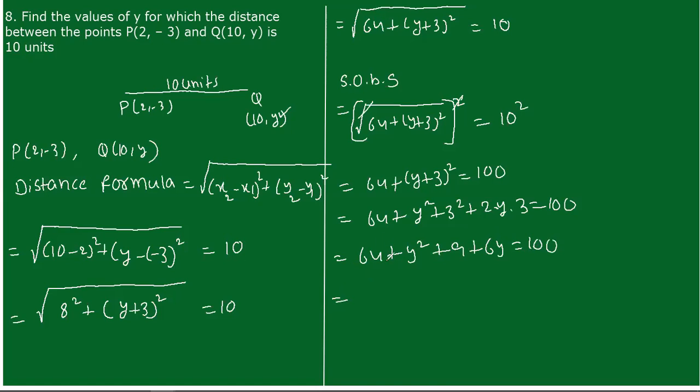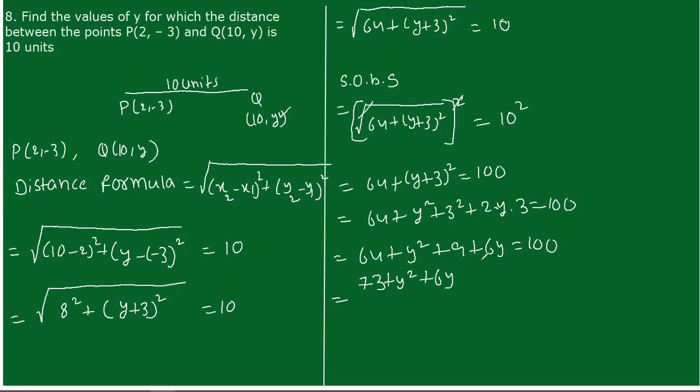So here, what are the constants? 64 and plus 9. 64 plus 9 is 73, plus y square plus 6y.